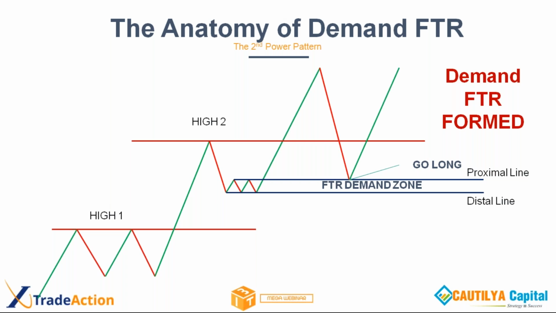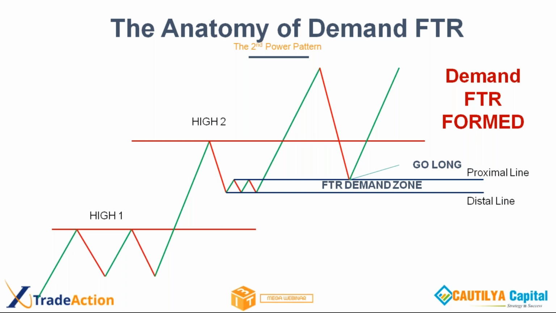You might argue that there is a base at the H2 level. Friends, understand this point. The base at the H2 is entirely different from the base below H2. They are different. So the base formation, the FTR demand zone, where did it form? It formed between H1 and H2.